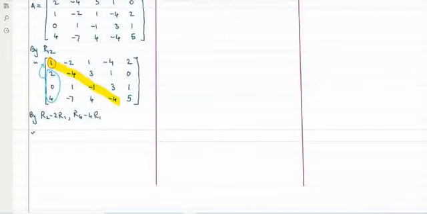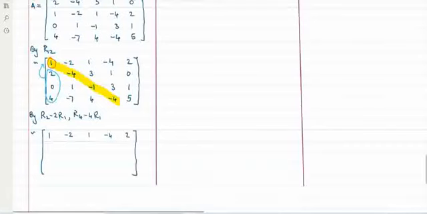So the new equivalent matrix, where the change is in the second and fourth rows: first row 1, minus 2, 1, minus 4, and 2. Okay. So what you have to do? You have to multiply by 2 and subtract. 2 minus 2, 0.